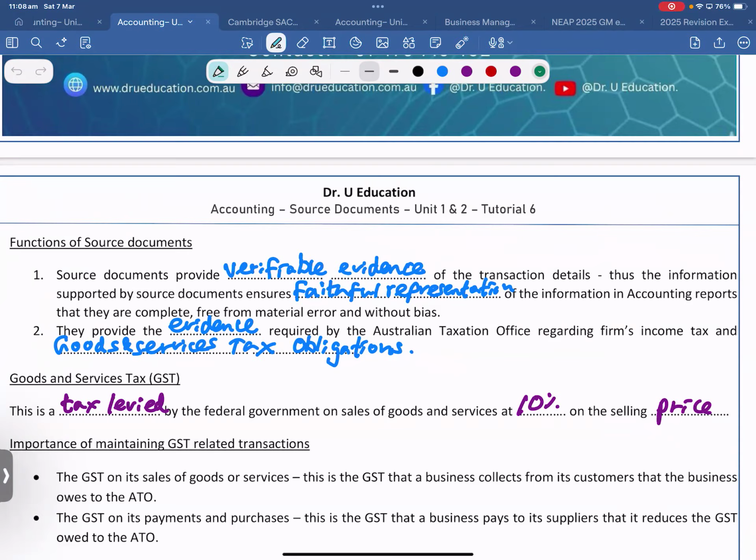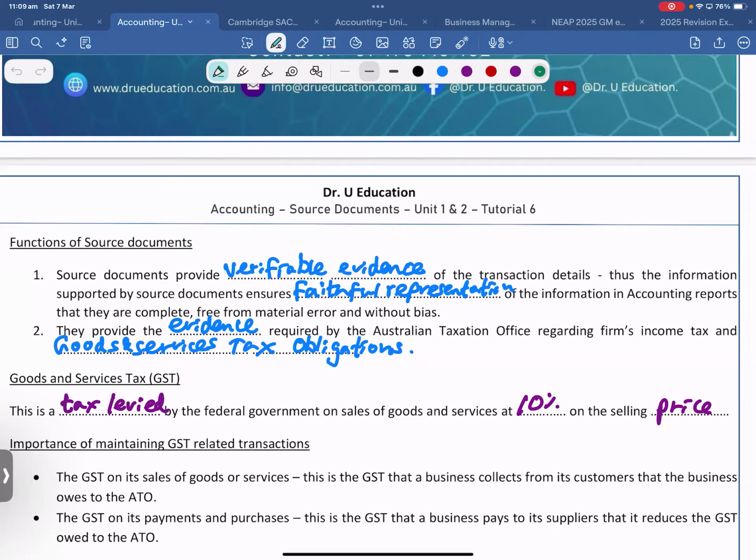The taxes which are charged on the revenues or earnings, which we call direct tax, and then the other taxes are charged on expenditure. Expenditure means when we spend money. Goods and services. Yes, very good.